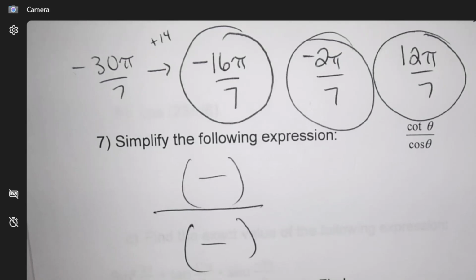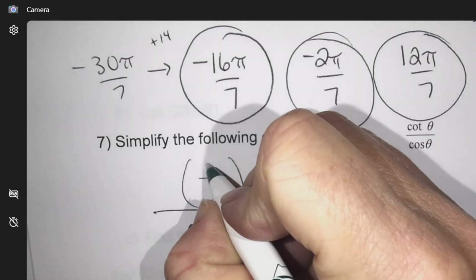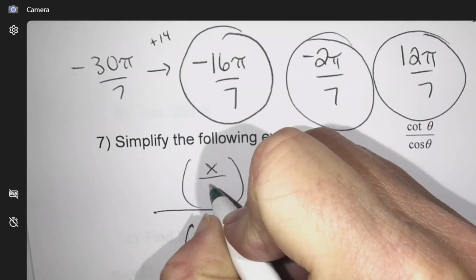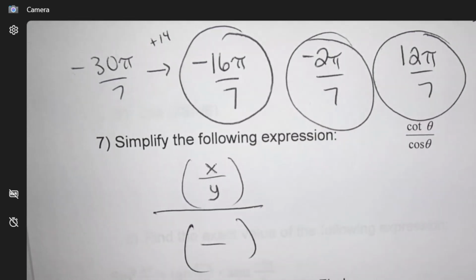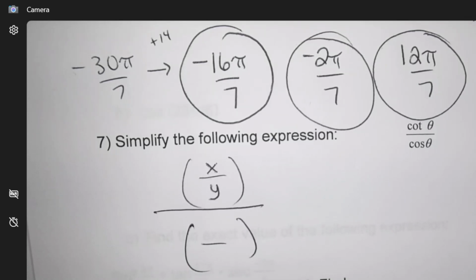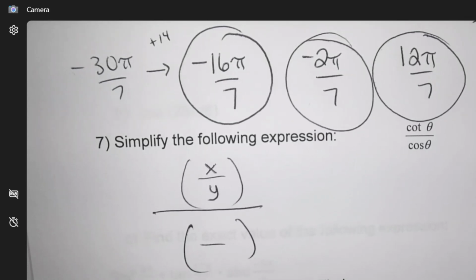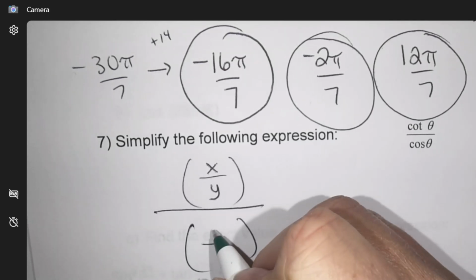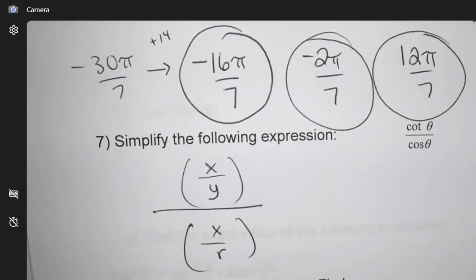What can you replace cotangent with? Did you pick x over y? Cosine over sine, so x over r divided by y over r.